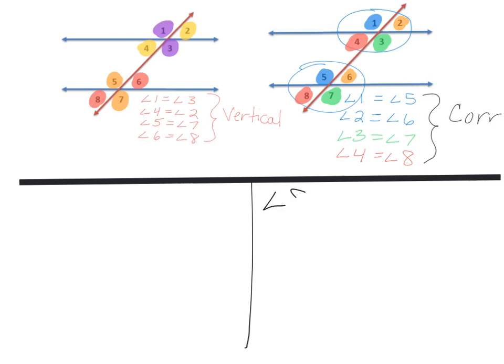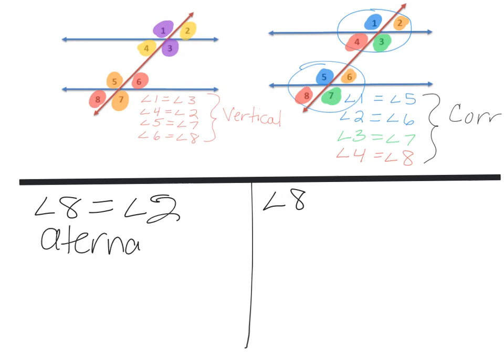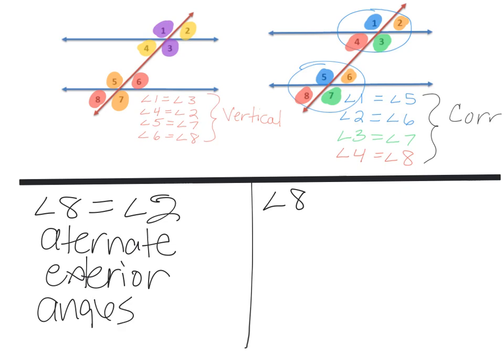So angle 8, we think angle 8 equals angle 2, and we think that it's alternate exterior angles. Okay, and so we just said angle 8 equals angle 6 because they're vertical.